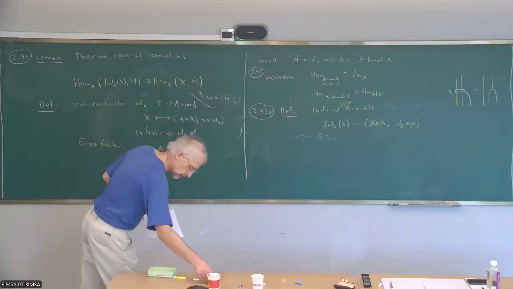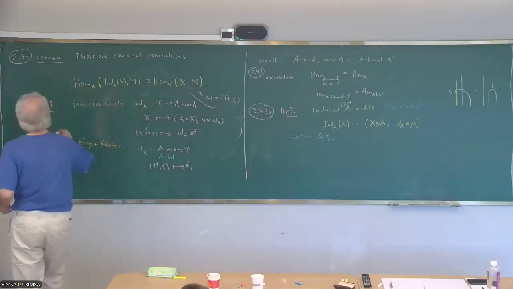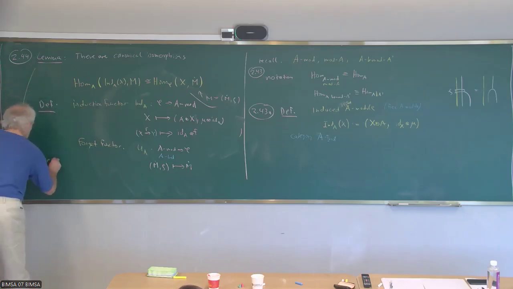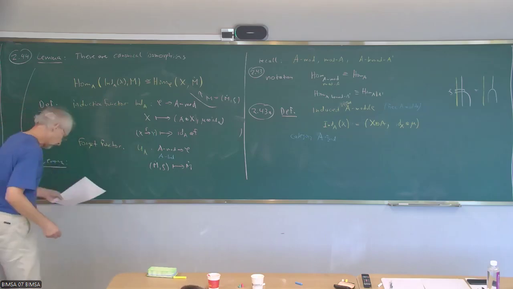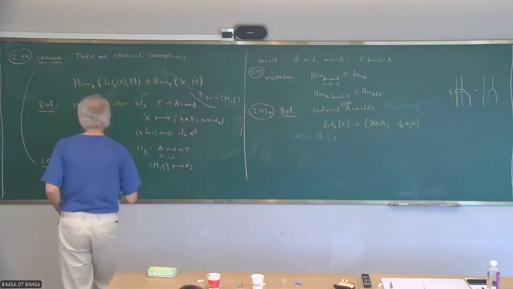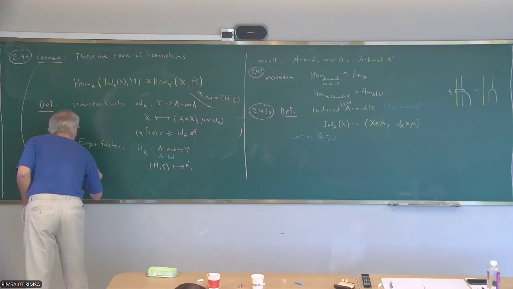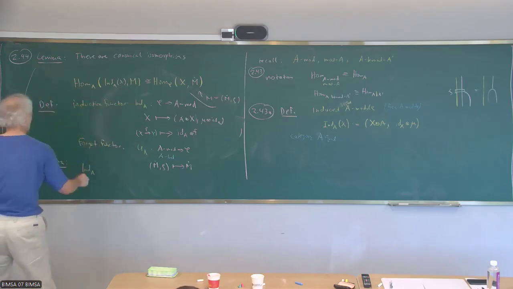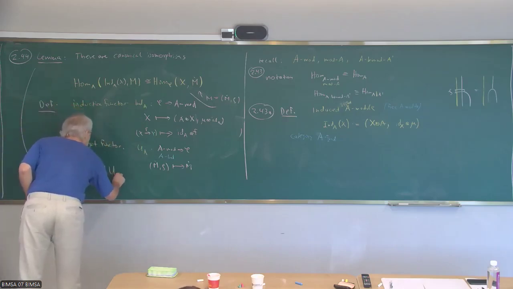And then the lemma that we have here can be reformulated as simply that the induction functor is left adjoint to this forgetful functor.